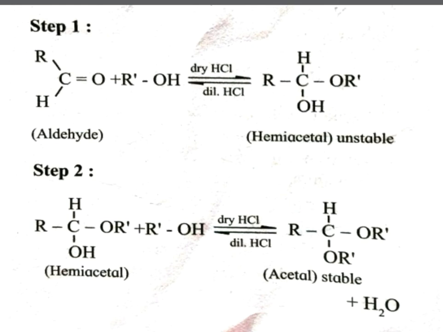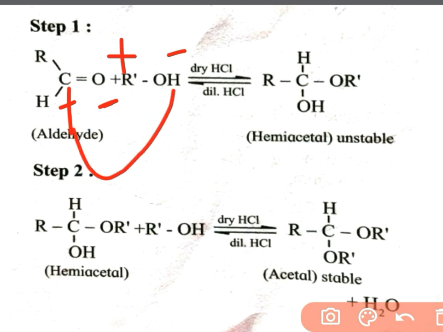the product of this type of addition? Consider OH as negative and R dash as positive. In aldehyde, carbon will become positive and oxygen is negative. Now just join the positive towards negative and negative towards positive. So this OH will attract towards carbon and this R will attract towards oxygen and it gives the final product.